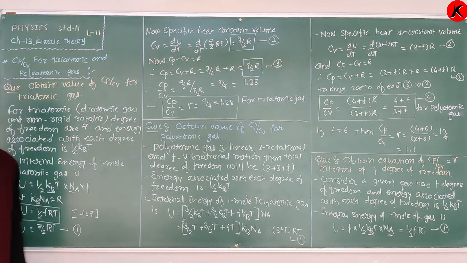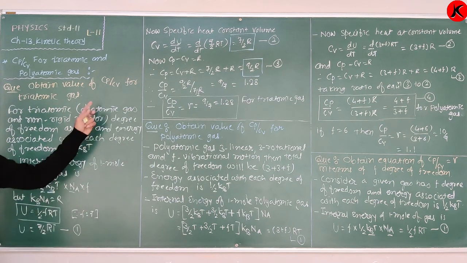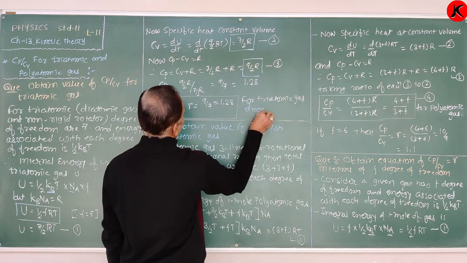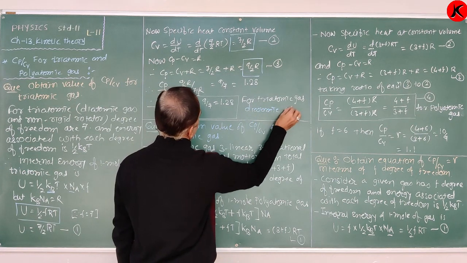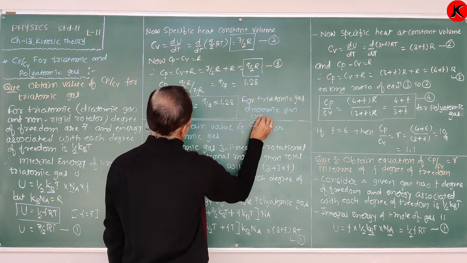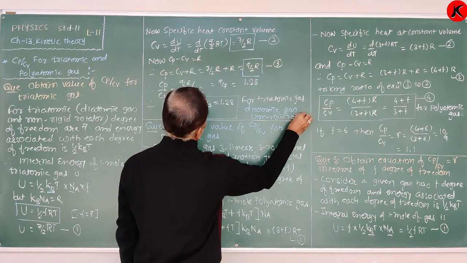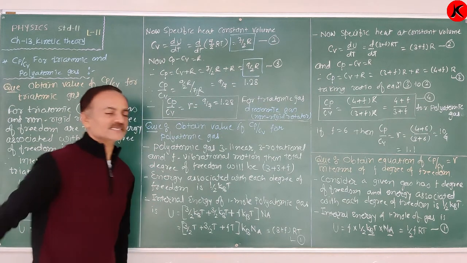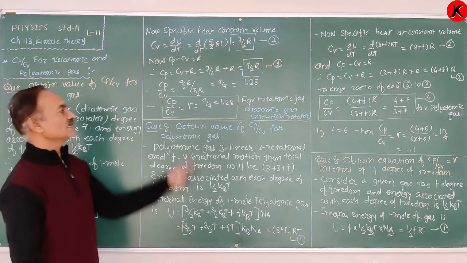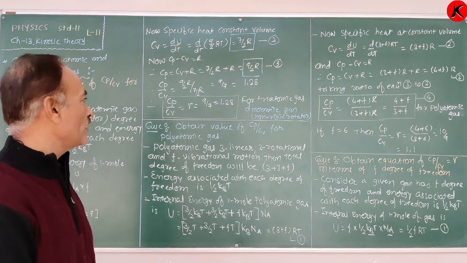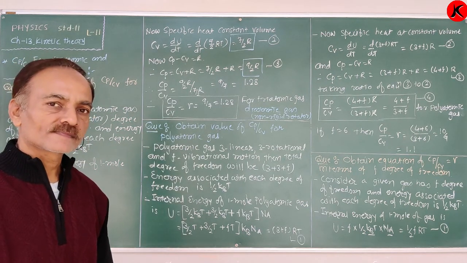Thus, for diatomic gas with non-rigid rotator, the value of the ratio Cp upon Cv, gamma, is equal to 9 by 7 or 1.28. Clear this?